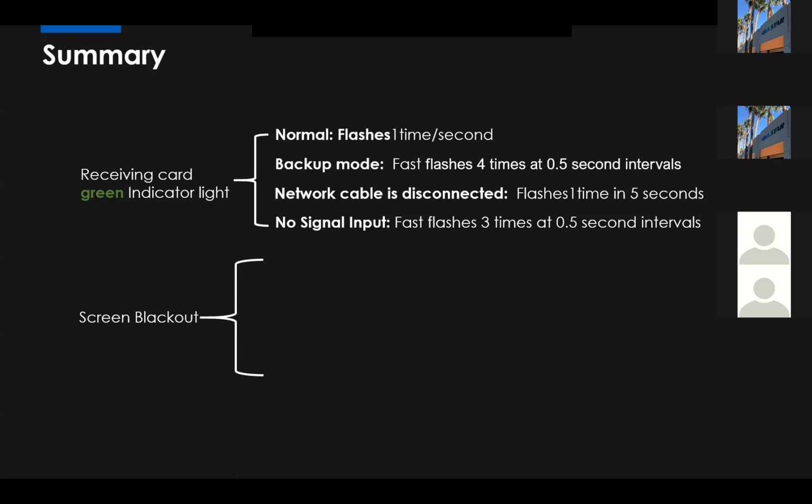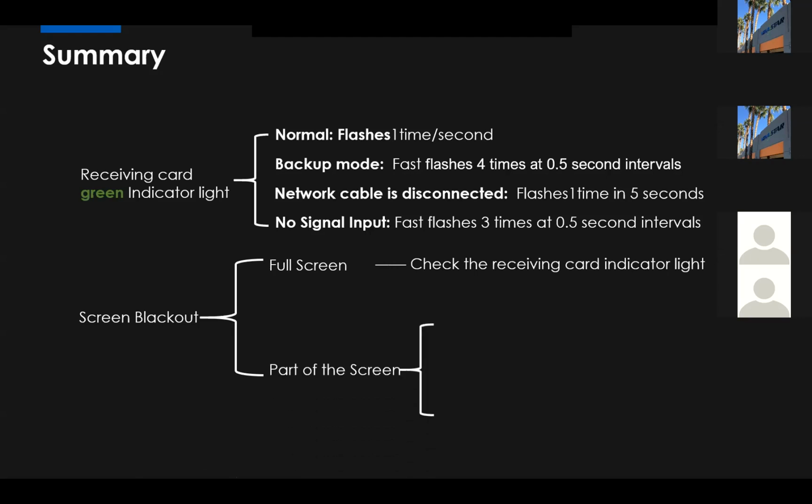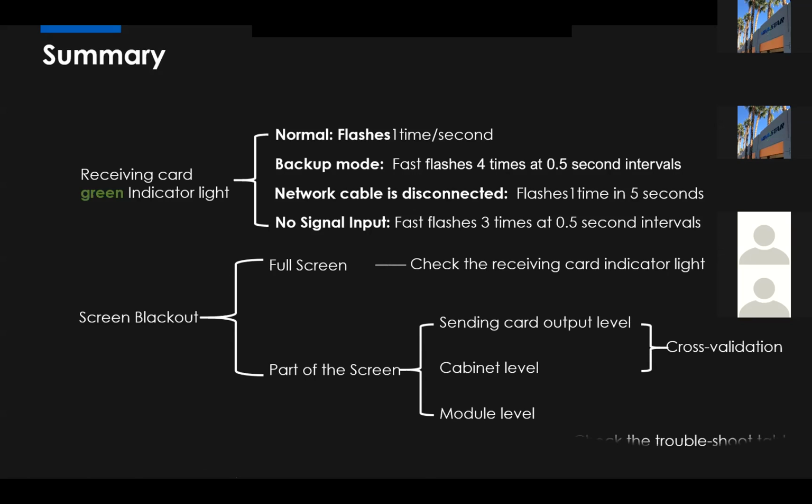And for the full screen blackout, check the receiving card indicator light, and for part of the screen, we need to check the sending card output level and the cabinet level or the module level, and check the troubleshooting table and find the solution.